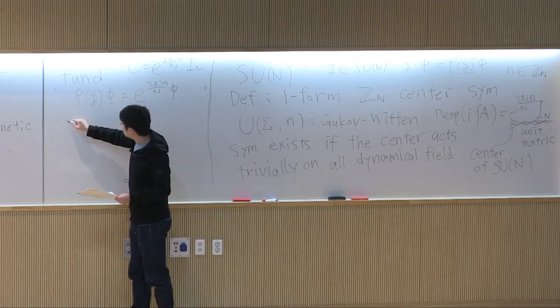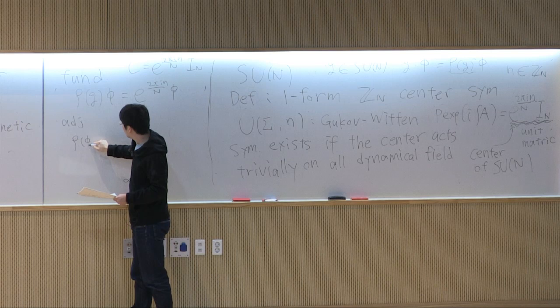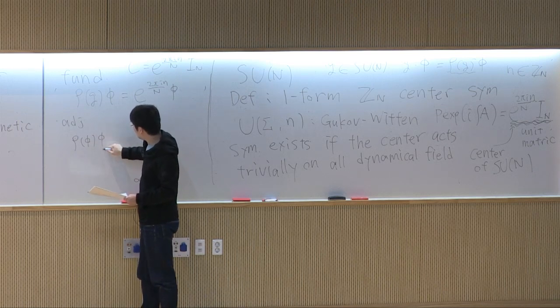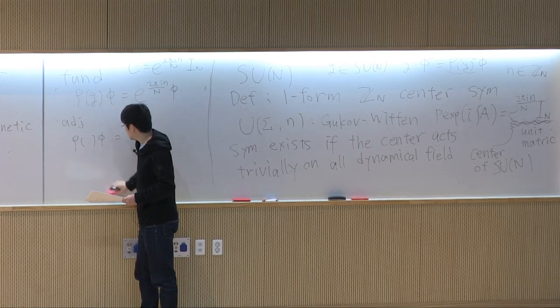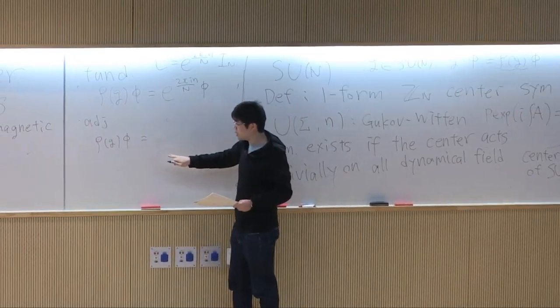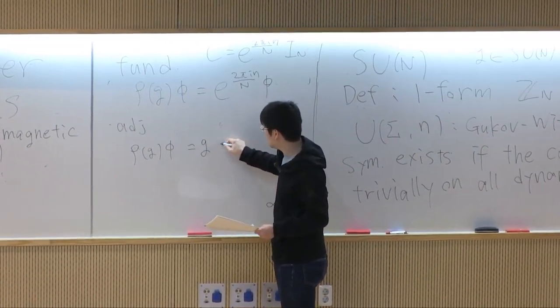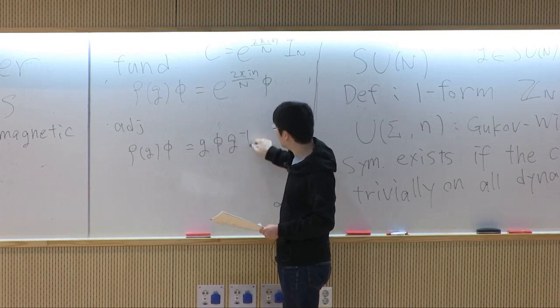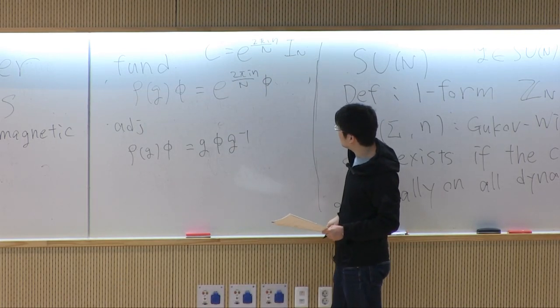And for the adjoint representation, if we represent the fields as an n times n matrix, then it acts as G phi G inverse.